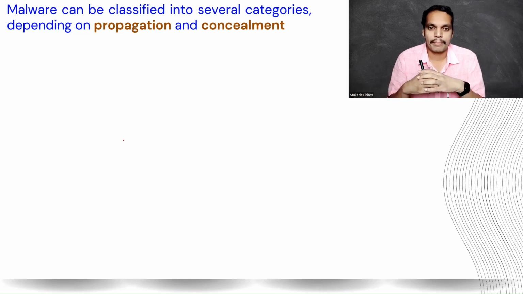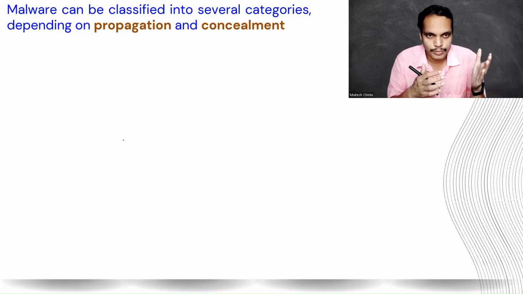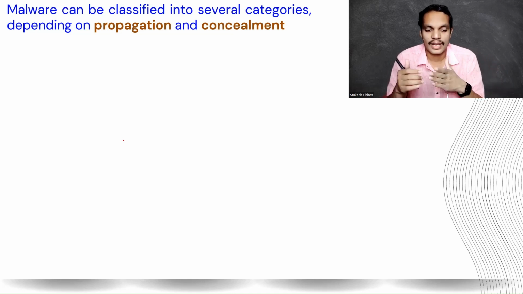Coming to the concealment part, if any malware is trying to hide itself from antiviruses, and it does not appear to be malware, then that is concealment. It doesn't matter if the virus tries to hide itself or showcases itself and its harmful intent and tries to take over the system. That is how you categorize malware based on propagation and concealment.